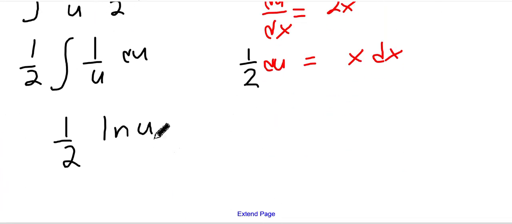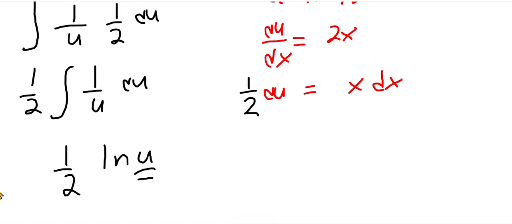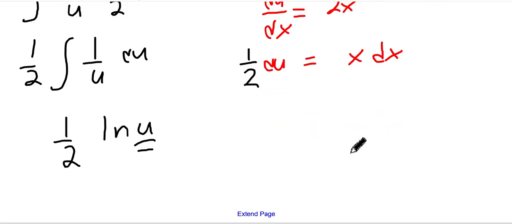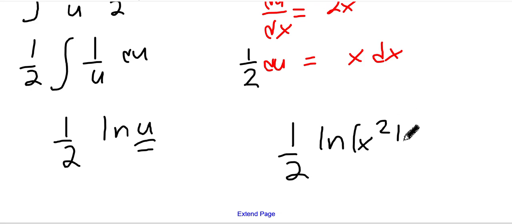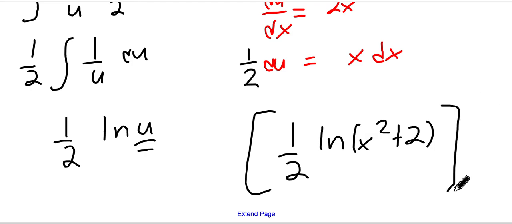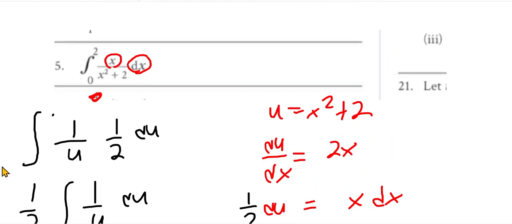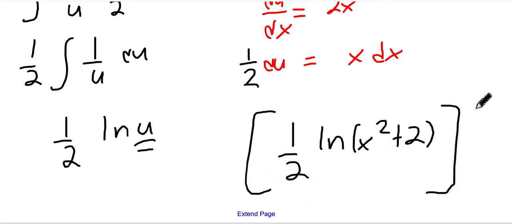And then what can I change u back into? So my answer is a half ln of x squared plus 2, and my limits are 2 and 0.